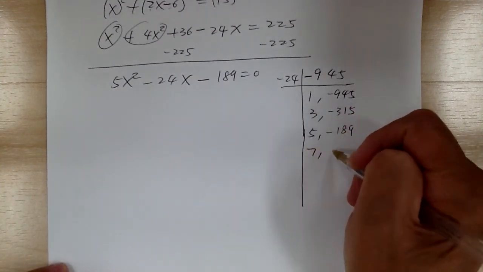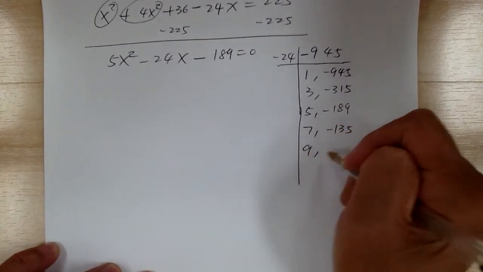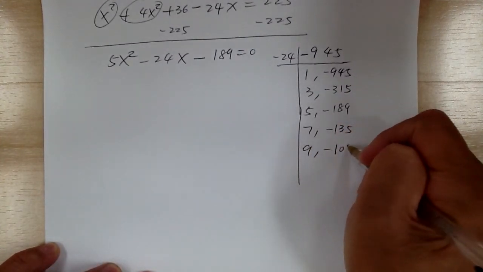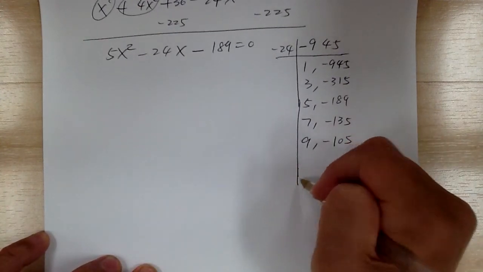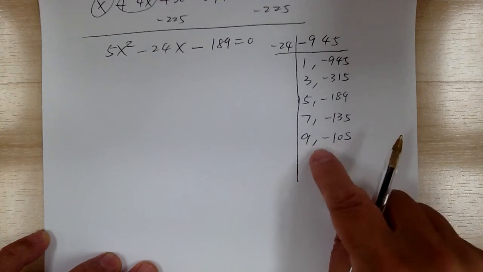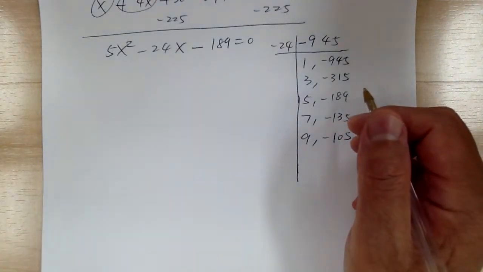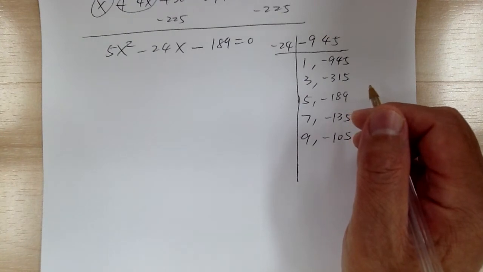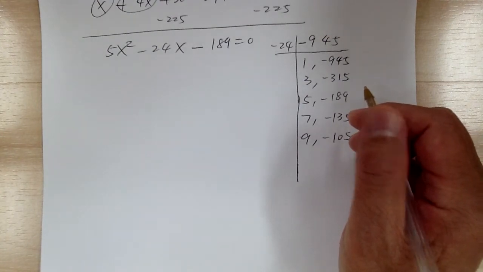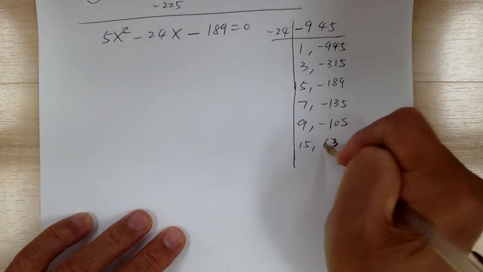Okay, so 7, negative 135. 9 would be negative 105. Okay, and 11 not going to work. So 12, 13, 14, try 15. So 945 divided by 15, and you get 63.